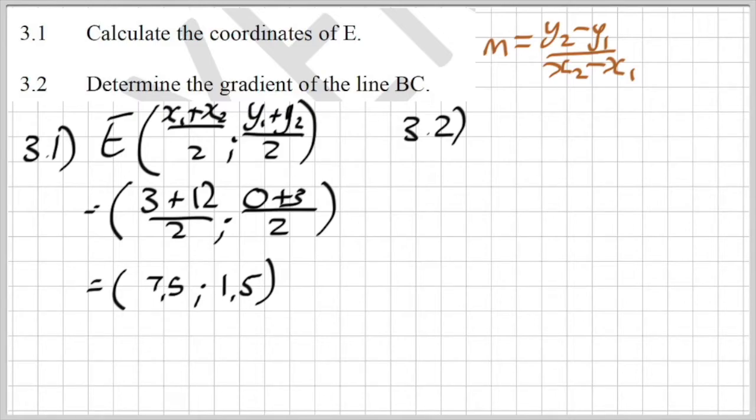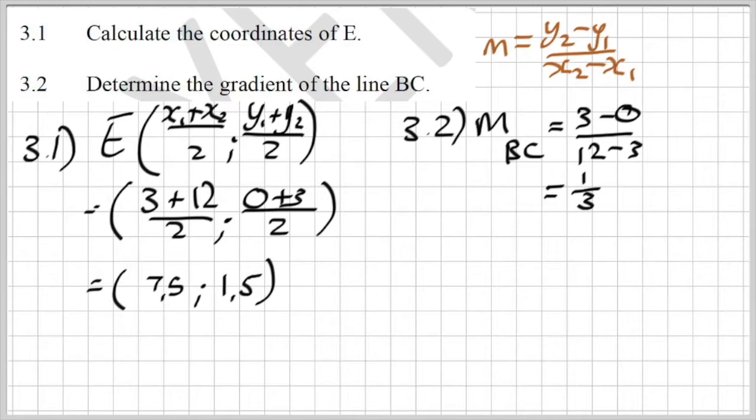The reason why I always write out my formula, ladies and gents, is the more I write it out, the better I remember it. Silly little thing. So the gradient of BC is 3 minus 0 over 12 minus 3. As simple and as easy as that. So the gradient between B and C is 1/3.